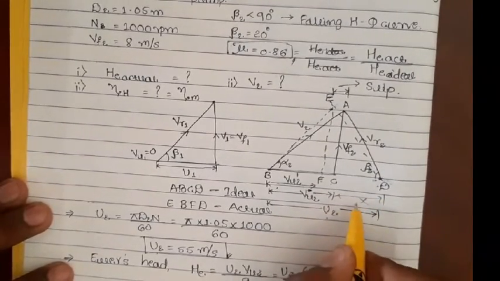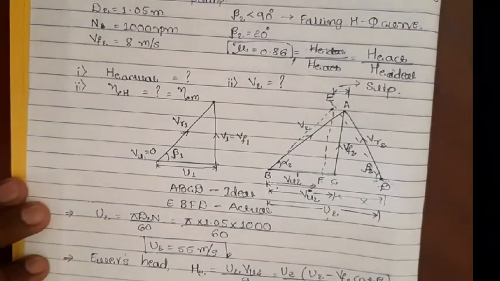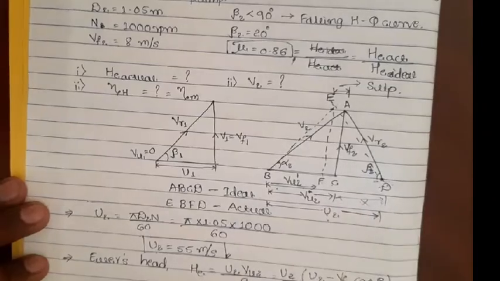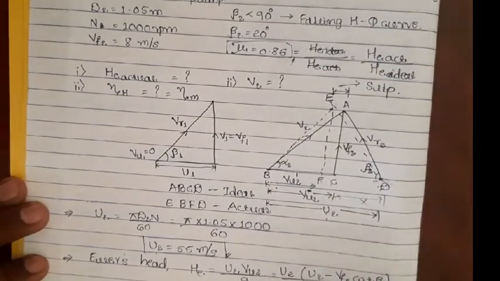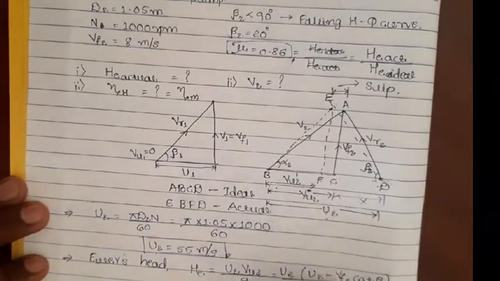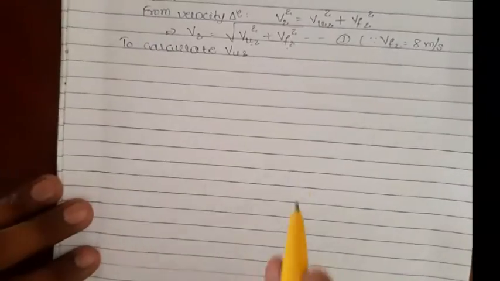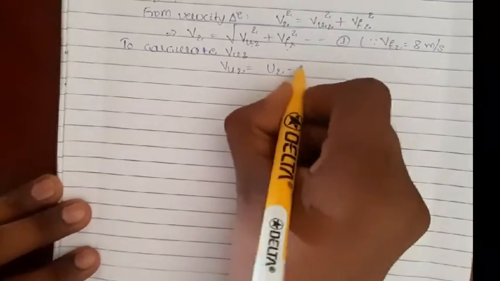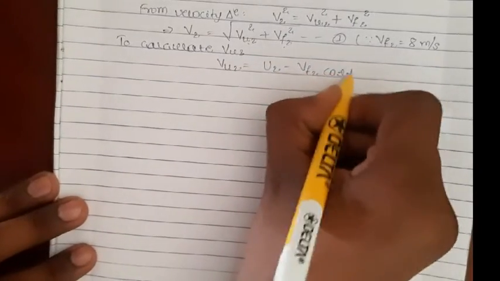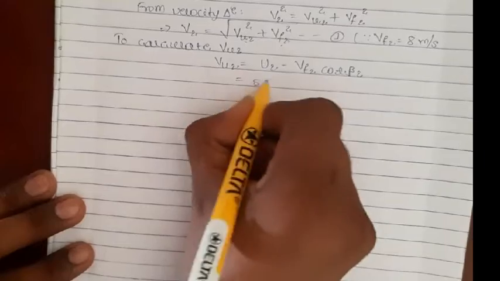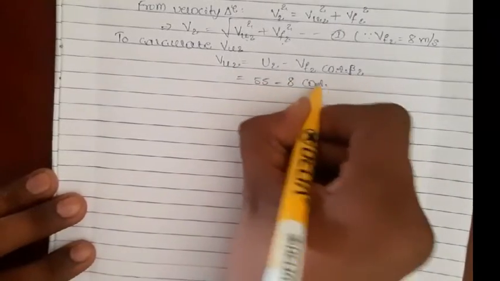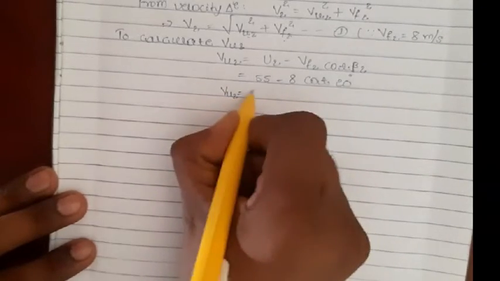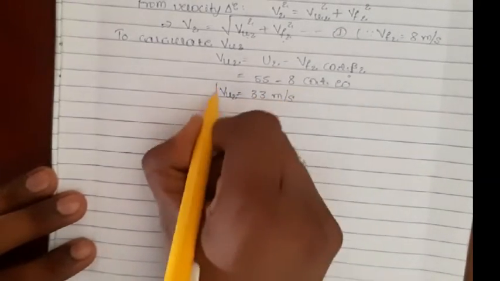This x can be written as Vf2 cot beta 2, which we have just written here. So Vu2 is U2 minus Vf2 cot beta 2. Substituting back, it is 55 minus Vf2, which is 8, into cot beta 2, which is cot 20. So this is the Vu2 value, which is 33 meter per second.